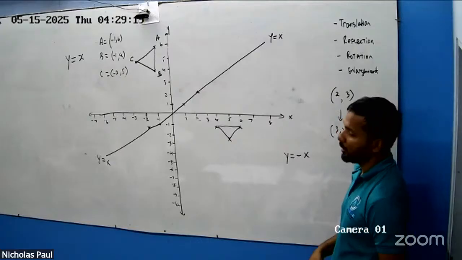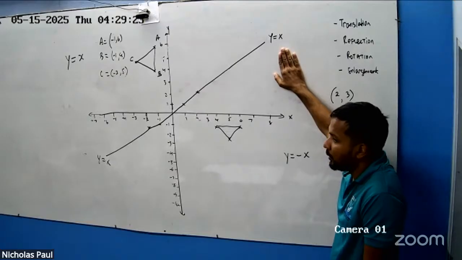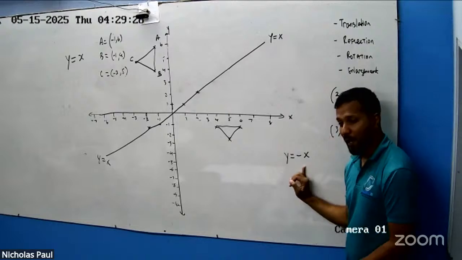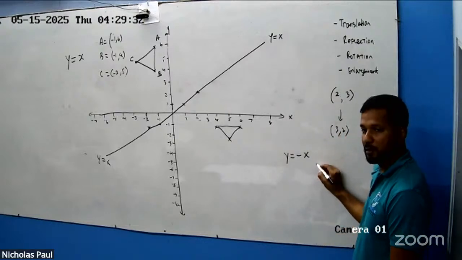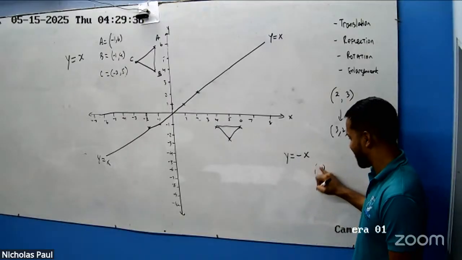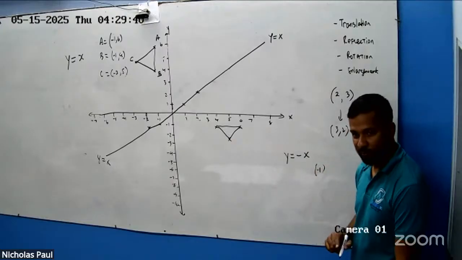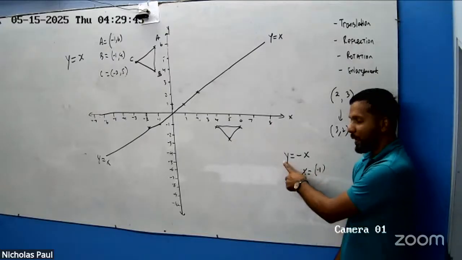What do you think it'll look like? This is y is equal to x. That makes sense? So watch. When x is minus 1, Jamal, what do you think y will be?